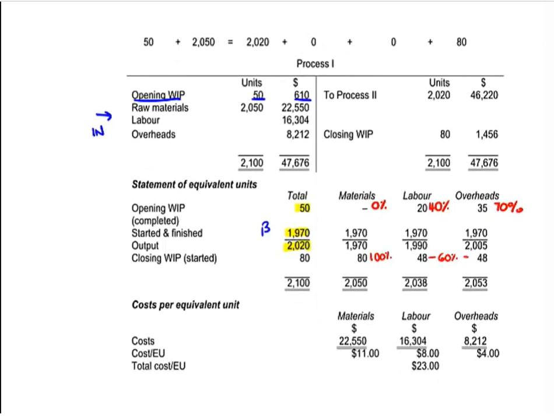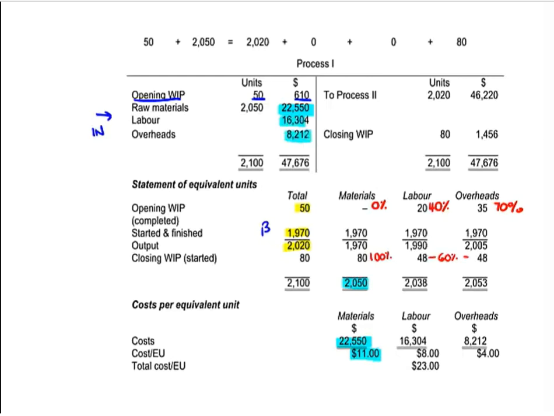To work out our cost per equivalent unit then, we're going to take the costs in the process account and divide those by the number of equivalent units. So in the case of materials, 222,550 divided by 2,050 units gives a cost per equivalent unit of $11.